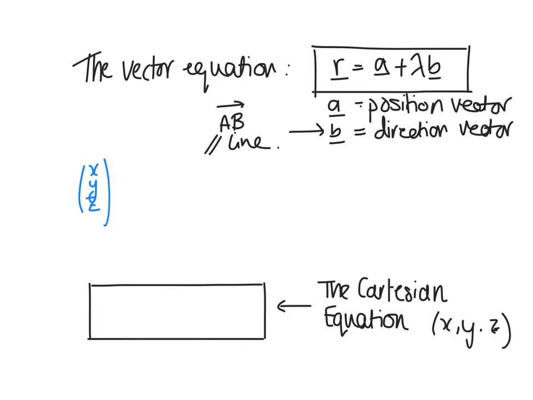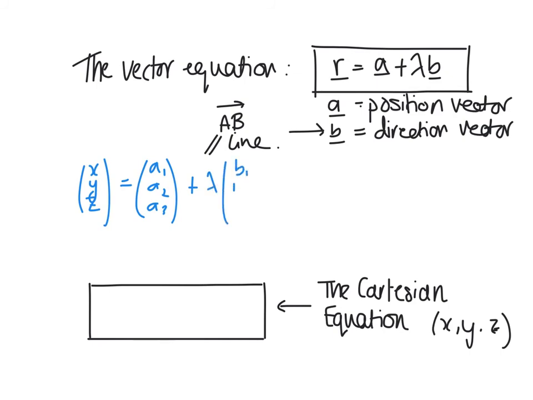And of course, don't forget this is a vector here. This is the position vector of that general point. We start with our known location on the line, and we get there by using the position vector, go a1 out on x, a2 up on y, and a3 out on z, and then lambda lots of our direction vector.